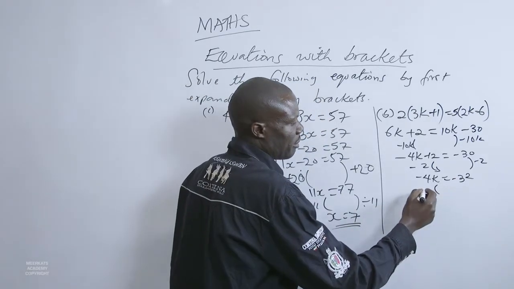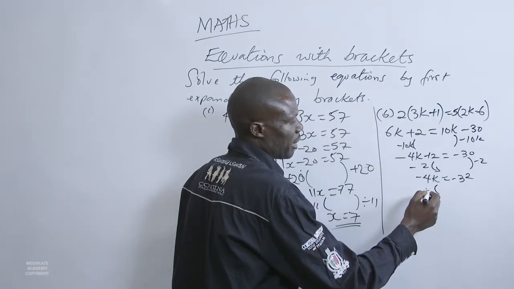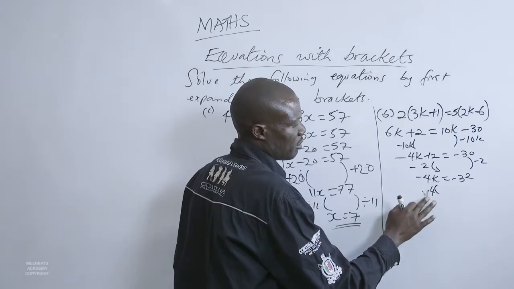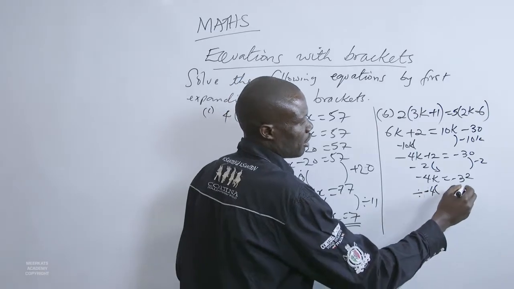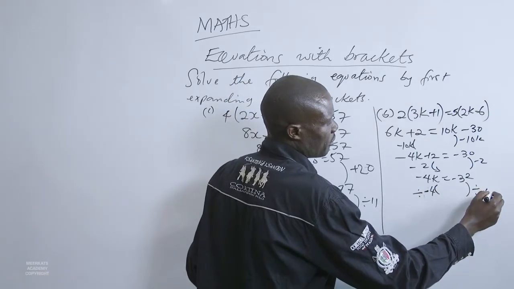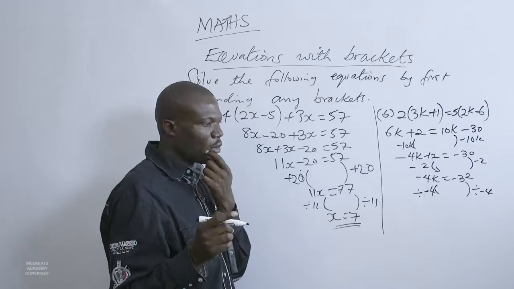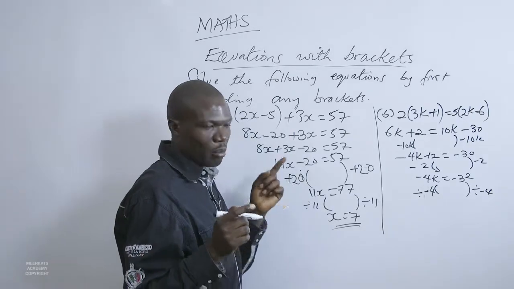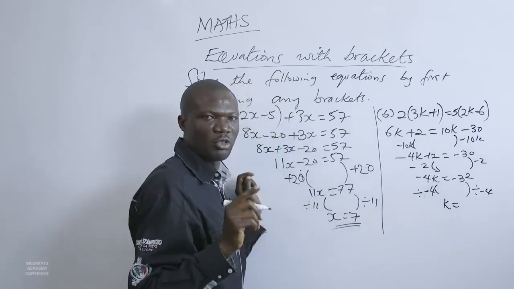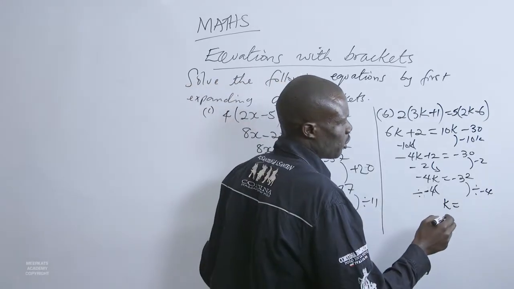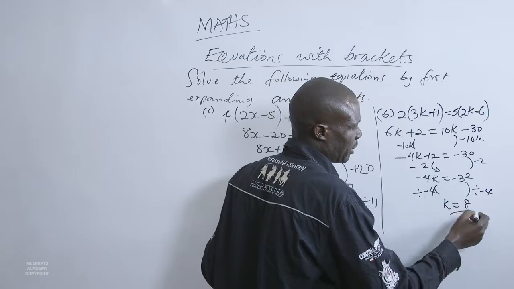Then we divide by minus 4 on both sides. Minus 4k divided by minus 4 will give us a positive k. Minus 32 divided by minus 4 will give us a positive 8.